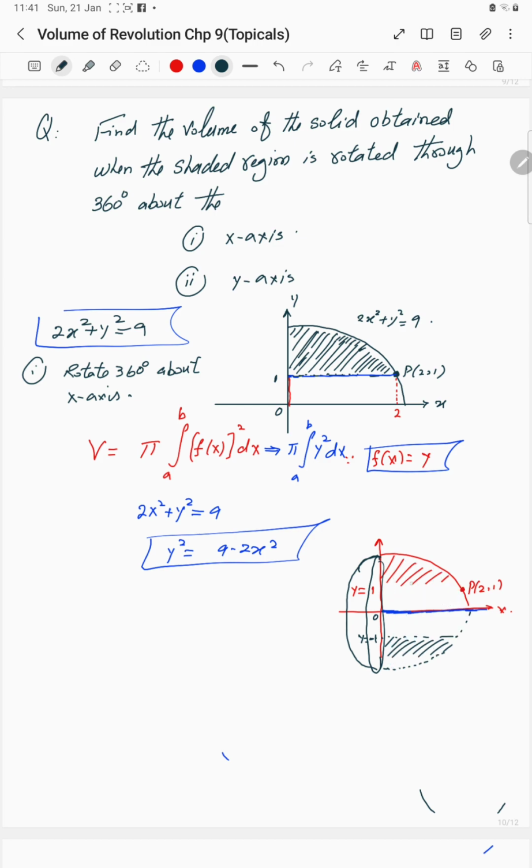But here, let me do this again. Don't forget the rotation is taken along the x-axis here. The shaded parts are solid, but the hollow part is not going to be shaded. So we have two approaches.